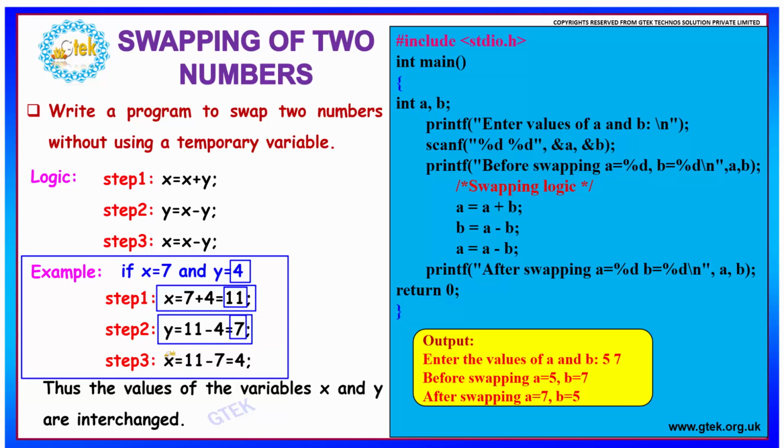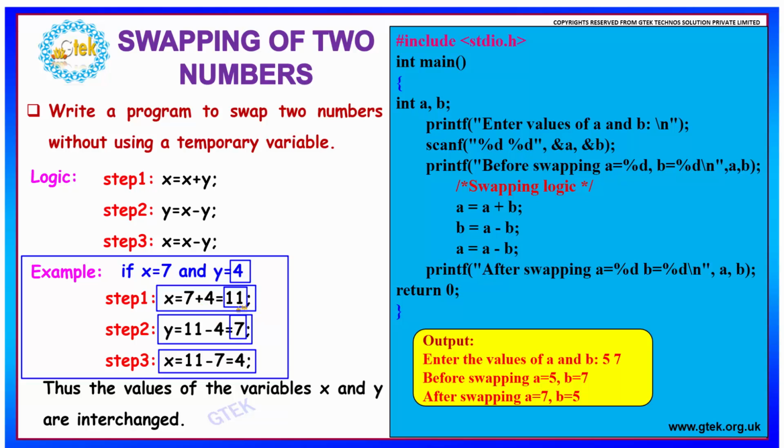And further, at this point, the value of y will be my x, and the value of x is still the sum of both the numbers. In my third step, I am subtracting the value of y from the total, that is the sum of two numbers.